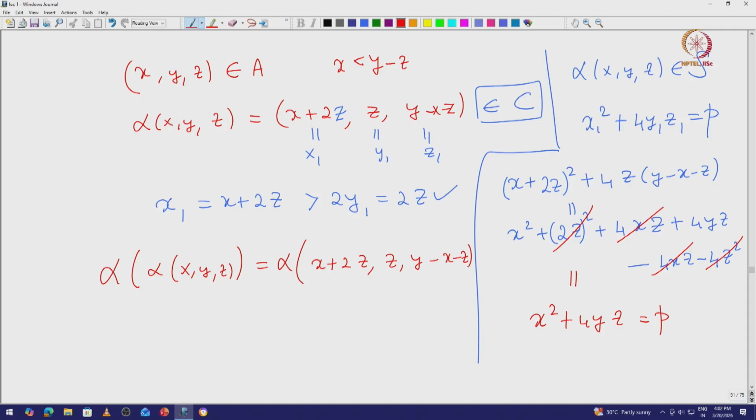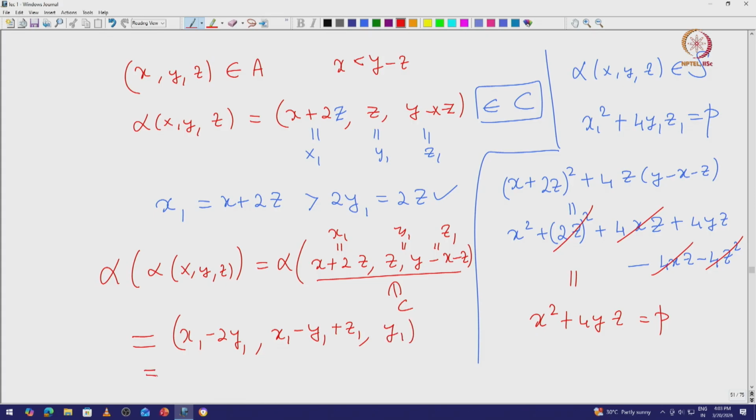But note that this is going to be inside your C. So, when it is inside your C, then by the definition of alpha, let us say this is x1, this is y1 and this is z1. Alpha of x1, y1, z1 is nothing but x1 minus 2y1 comma x1 minus y1 plus z1 comma y1. So, this is the definition.